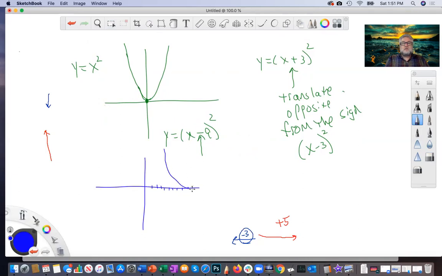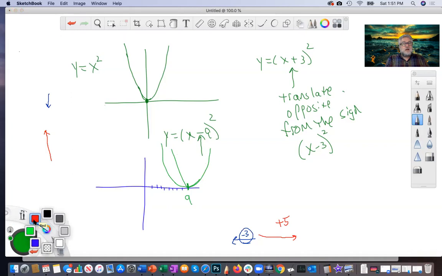That would be like this. I know it's silly, but I want to try to be good about my colors. So that would be something like this, where it hits right here at 9.